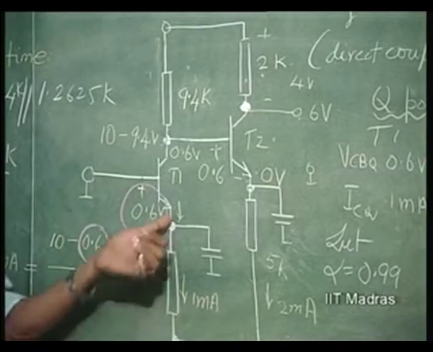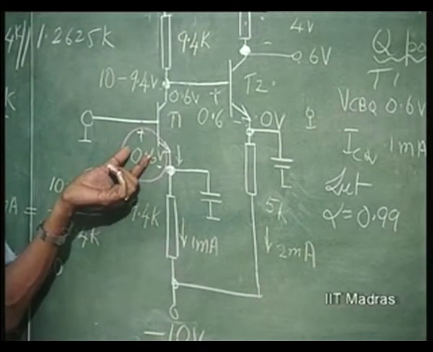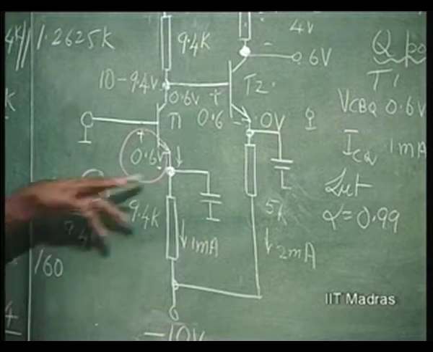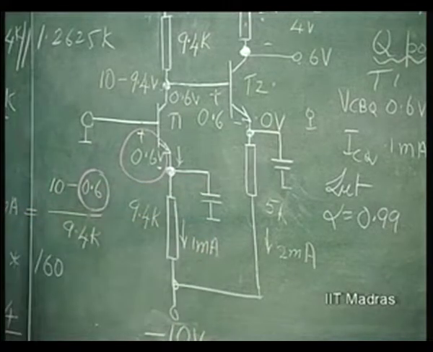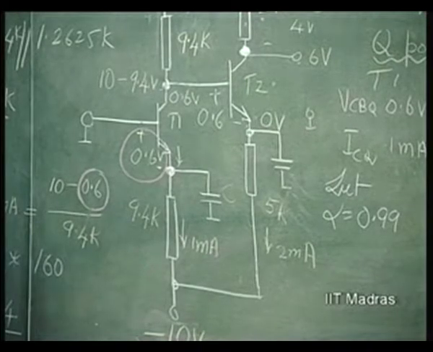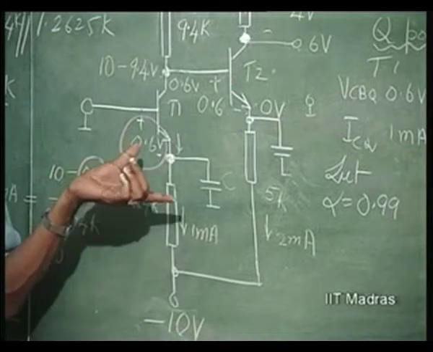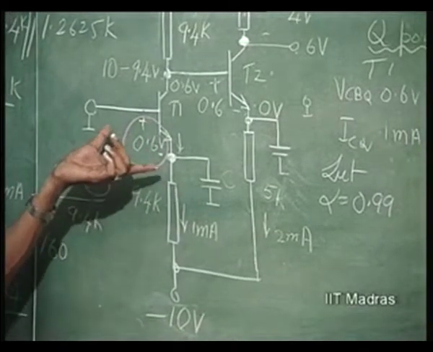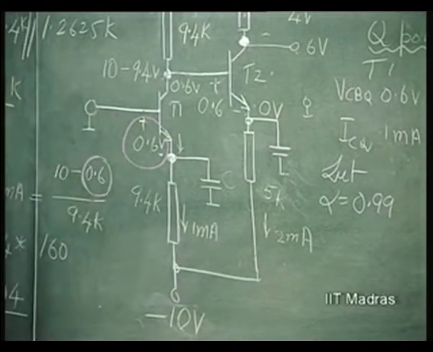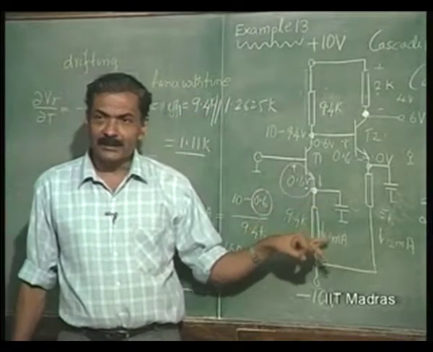Therefore, this current is changing due to the signal changing here, but that change is not bypassed. If it is bypassed, let us say I have put such a huge capacitor here that even this small change in voltage with respect to temperature, and hence with respect to time, this capacitor is a short circuit.